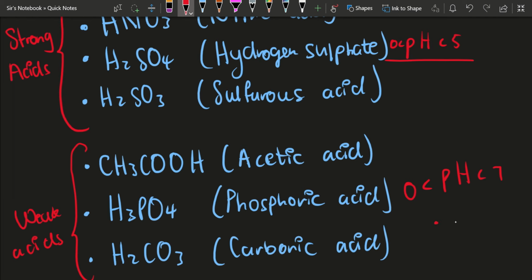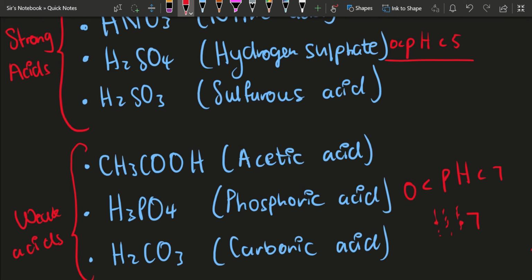That is how weak they are. So in essence, when the pH of a substance is closer to 0, it's more acidic. But when it's closer to 7, it's still an acid, but less acidic. It's a very weak acid.